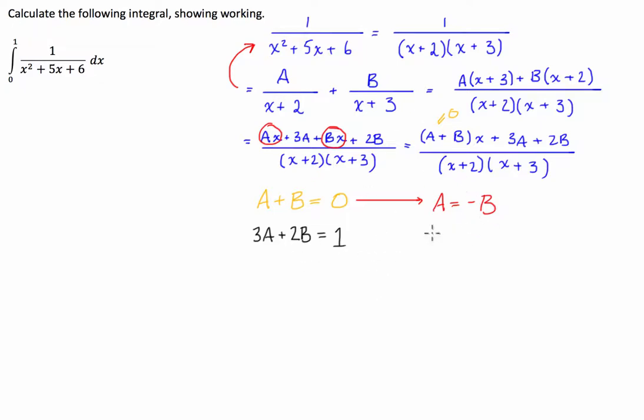What we can do is substitute for A, and rather than write A, we can write negative B. So 3 times negative B plus 2B is going to equal 1. Negative 3B plus 2B is just negative B, which has to equal 1. So B is going to equal negative 1. And because A is equal to the opposite of B, A is just going to be equal to 1.